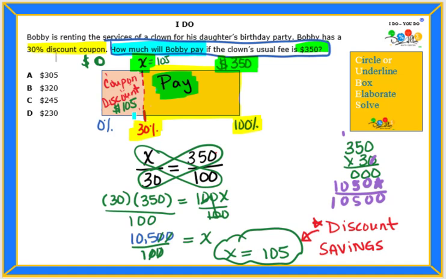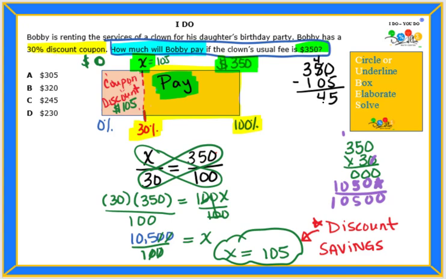So that means, as you can see, the amount that he pays plus 105 is equal to 350. So we're going to subtract the full amount, 350, minus the discount that he gets from 30%, which is $105, and that will give us the amount he has to pay.